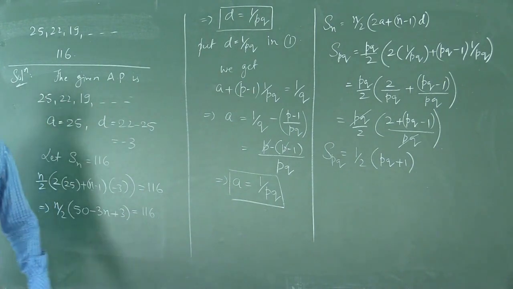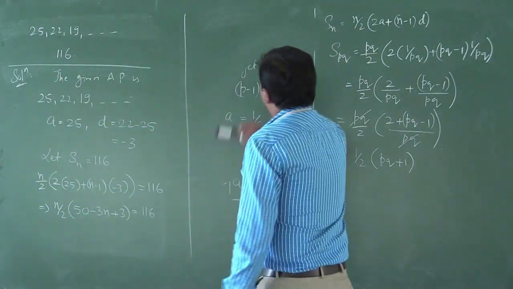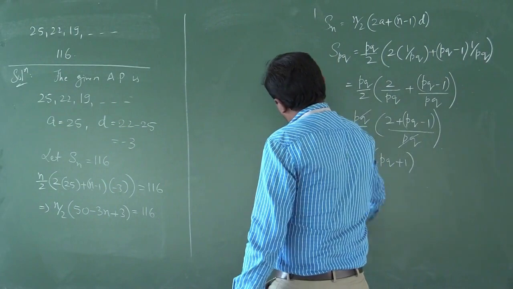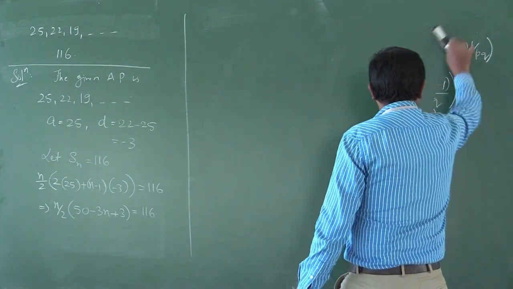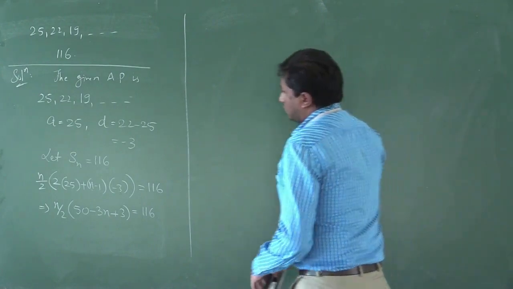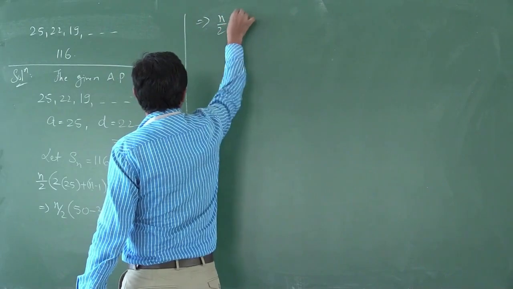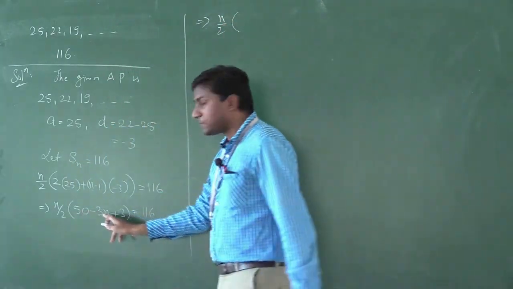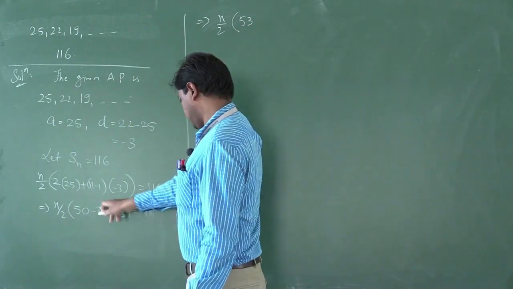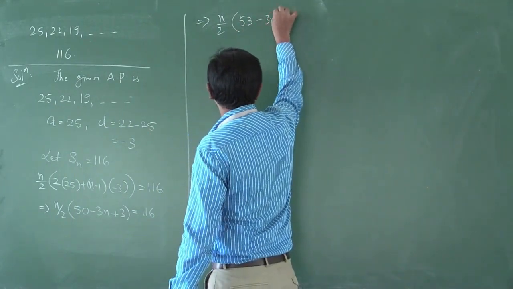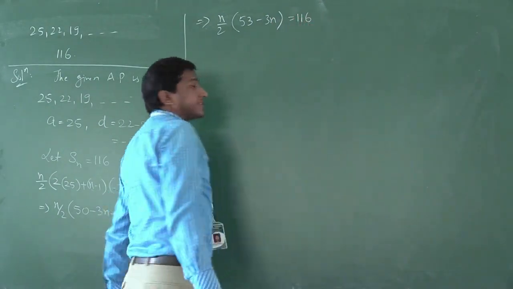On simplifying this further, we get n by 2 into 50 plus 3, which gives us 53, minus 3n, equals 116.